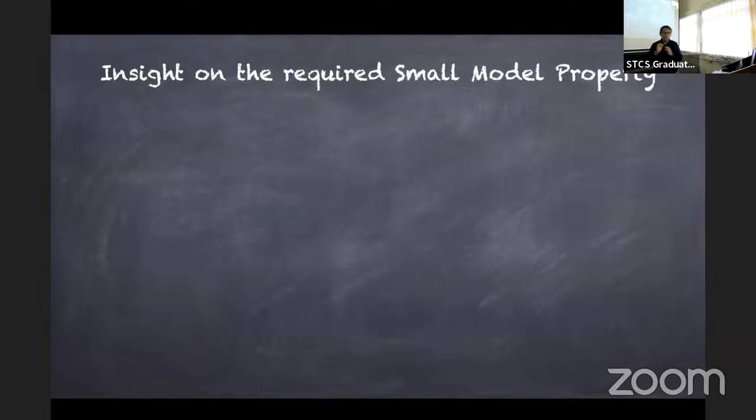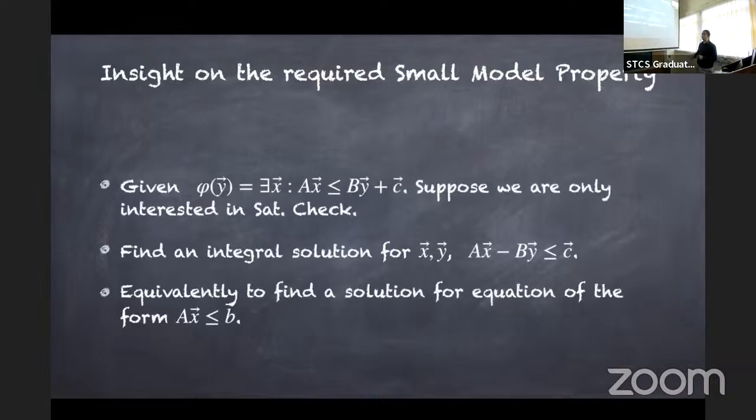So we will now analyze and see why the classical small model property by von zur Gathen and Sieveking cannot be used. Bear with me, and from this point till we reach the proof, please feel free to interrupt me anywhere, because this is the most interesting part, in my opinion.